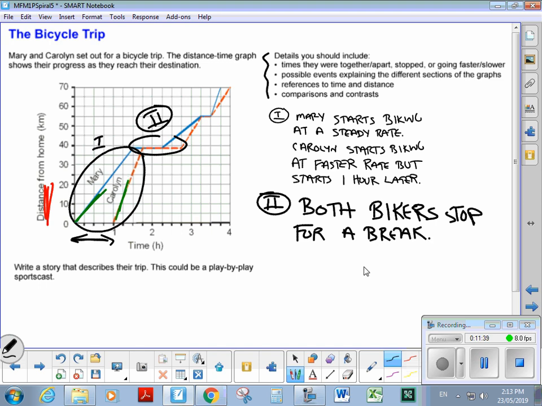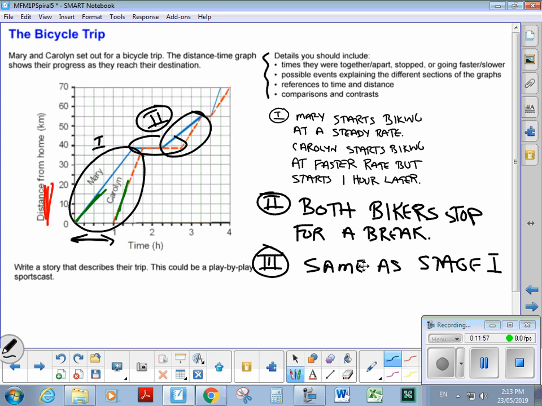What happens for stage 3? Again, I'm going to say the same as stage 1.